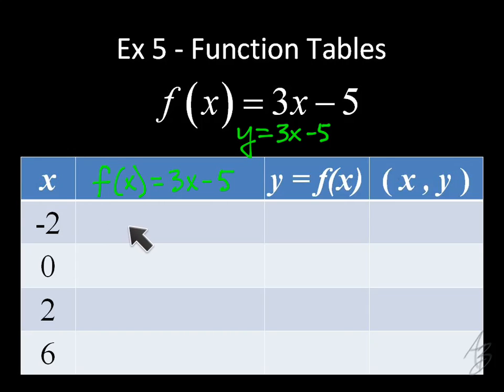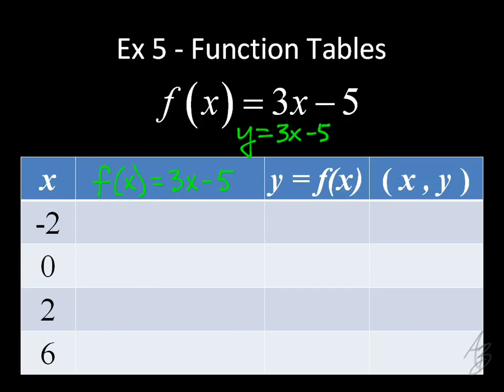In this row, let's fill out this row together, because it's going to be a little bit different the way we write this out. In this row, the first thing we're going to do, instead of writing y equals, we're going to write f of x, but we're not going to put x in there.